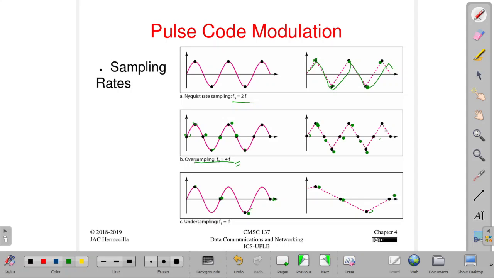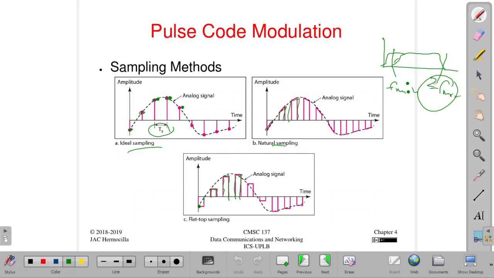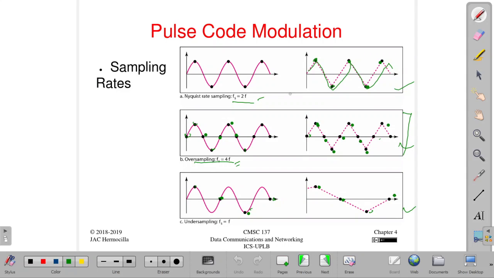Okay? So for this one here, you have the sampling points, and here very few sampling points. So if you have more samples, the better, of course, but it will require some more complexity. But if we have at least twice the highest frequency, then it is enough to be able to recover the original signal.